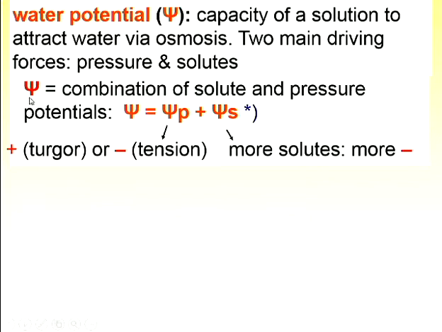And then if you add those up, say you are in a root cell, for instance, you have a certain concentration of solutes that gives that root cell a certain psi s. Within that root cell, you have turgor that gives that root cell a certain psi p. If you add those two up, then you get the overall water potential, psi or psi w. If you now want to know, is this root cell able to take up water from the soil?